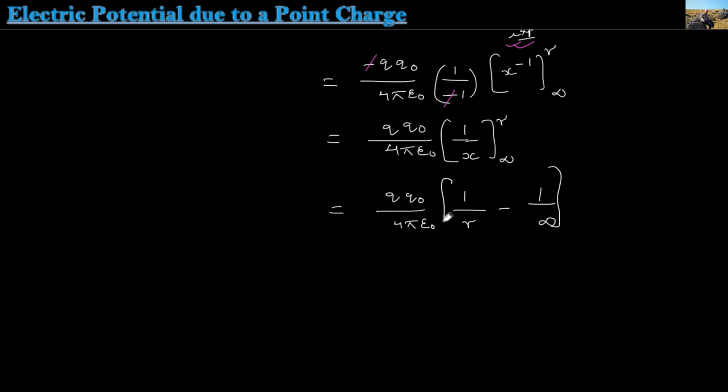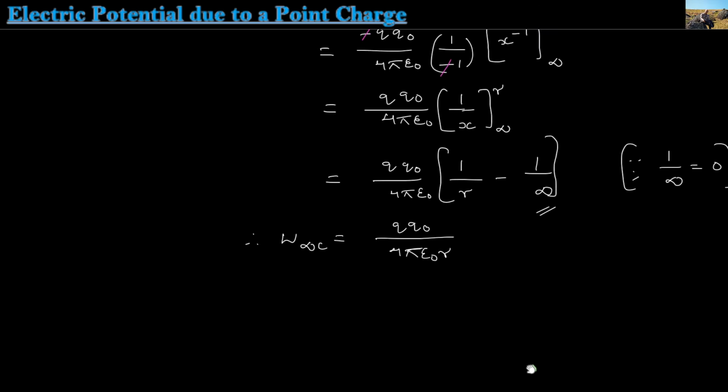Then 1 by infinity, 1 divided by a very large number, is equal to 0, so this term will go. Finally, we get q naught divided by 4 pi epsilon naught into r. This is nothing but the work done in moving the charge from infinity up to point C.